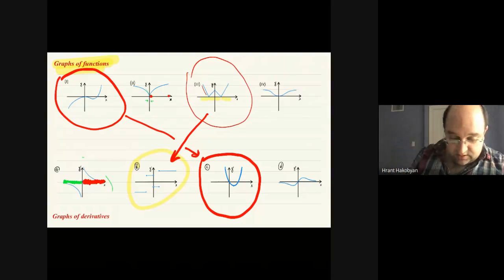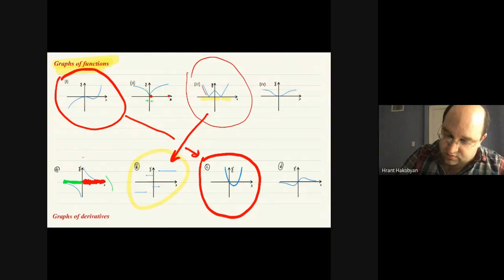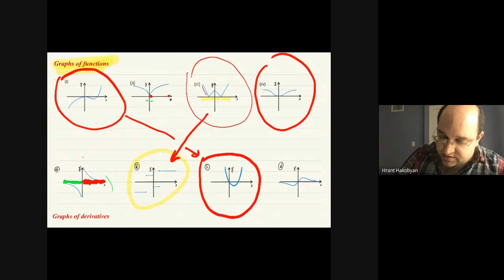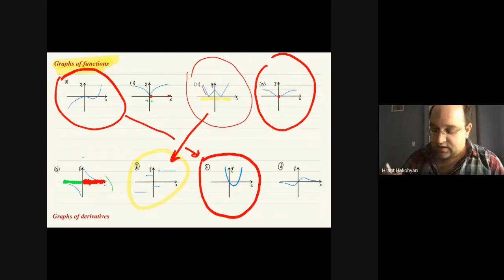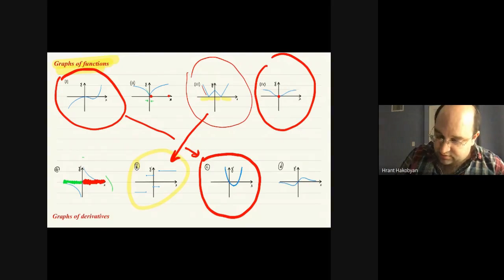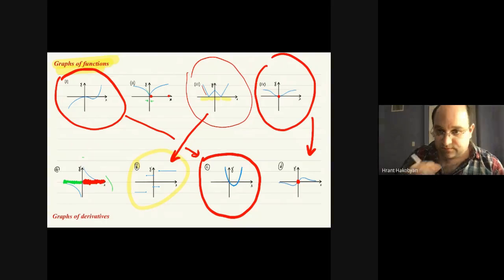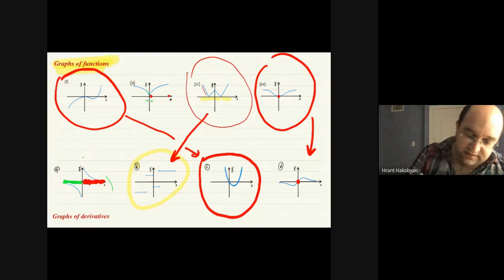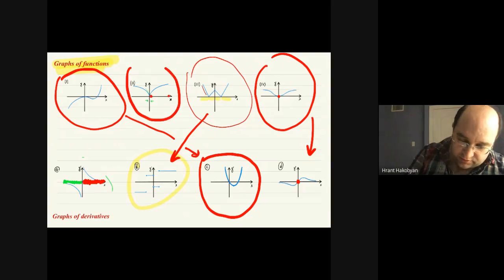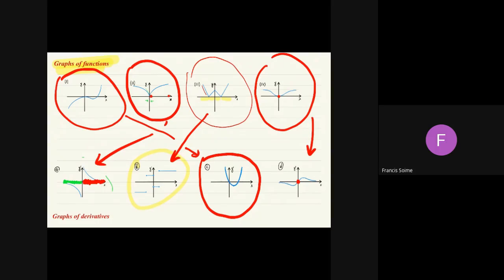So similarly, this one here has just one place where it's horizontal, the slope, and that means that the derivative has 1 zero, and that gives you this one here. So this one corresponds to that, and then this one here, number 2, corresponds to this. Why?